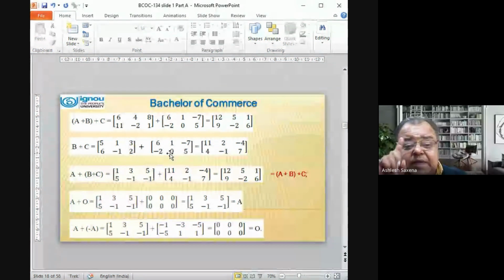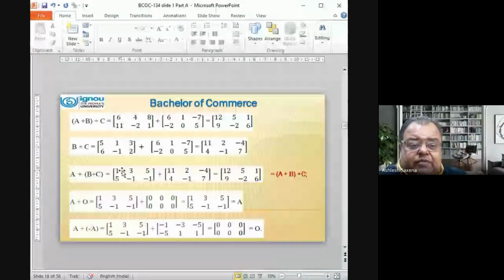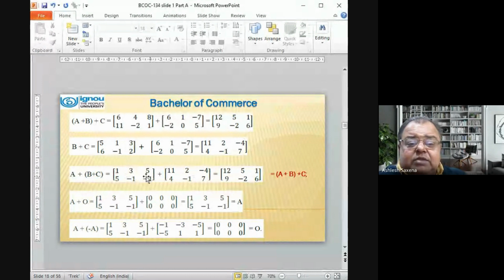This sum of B plus C has to be added to A. So first of all, we will write A, then B plus C, the sum of B plus C, which is calculated over here. When I add them, I will be getting 12, 5, 1, 9, minus 2, and 6. This is what I got.